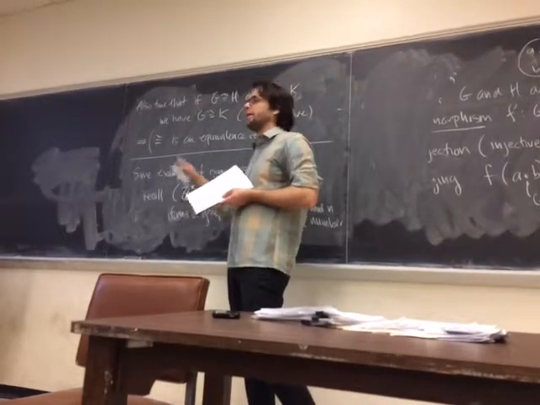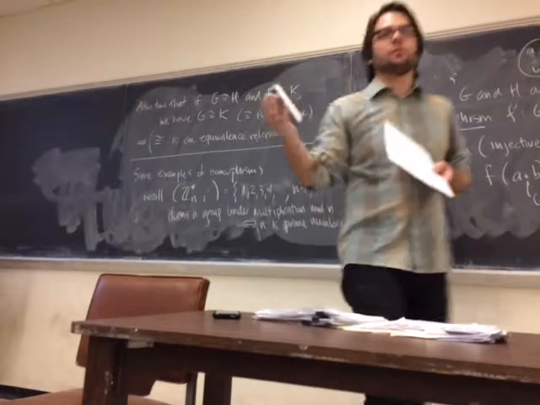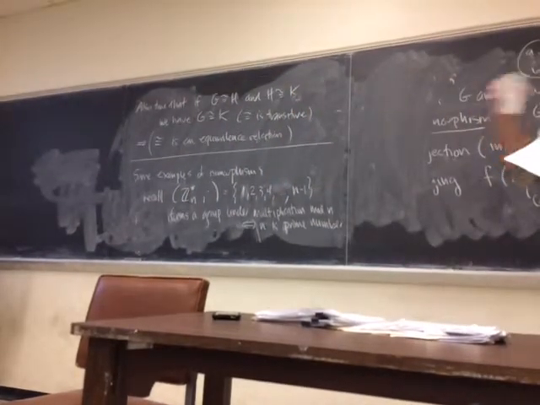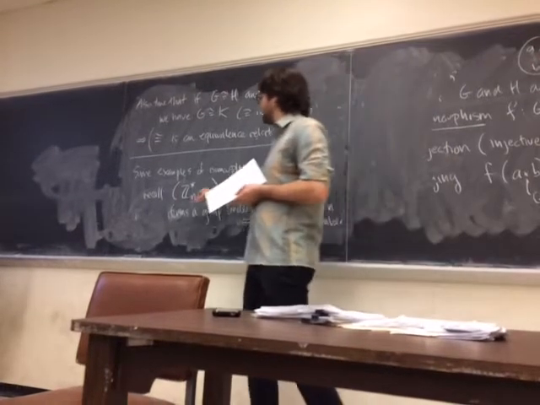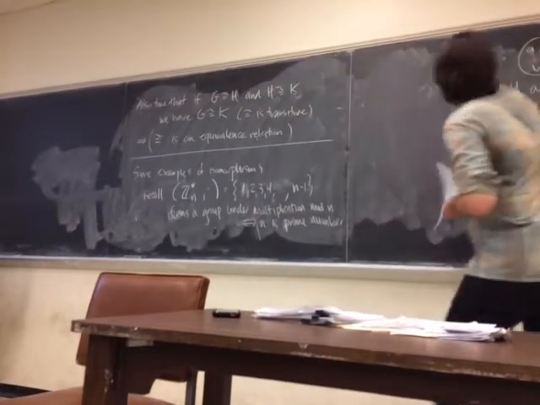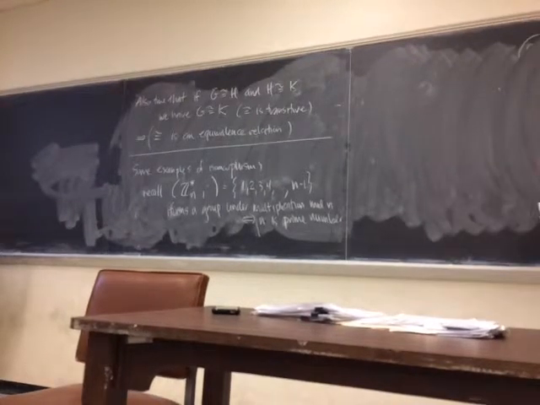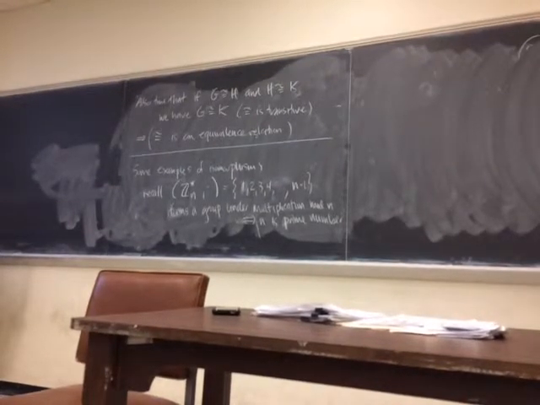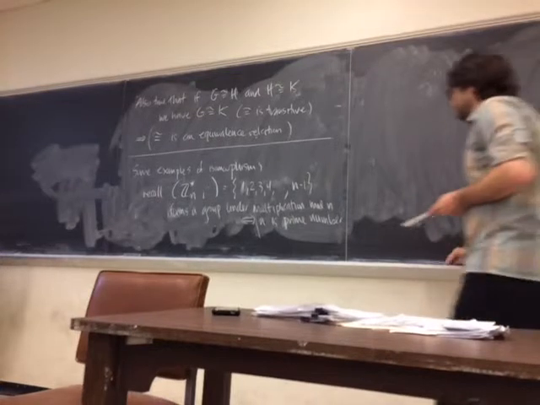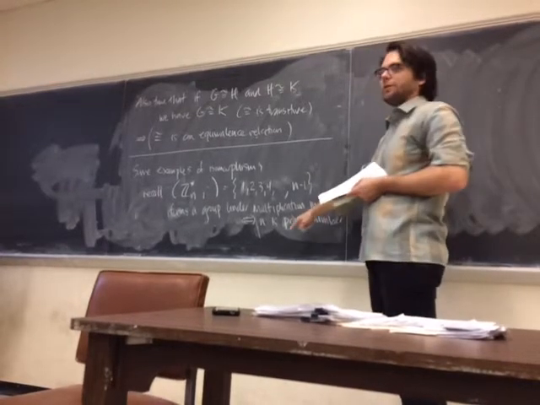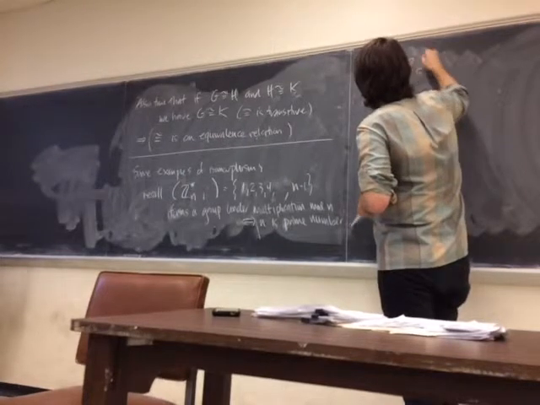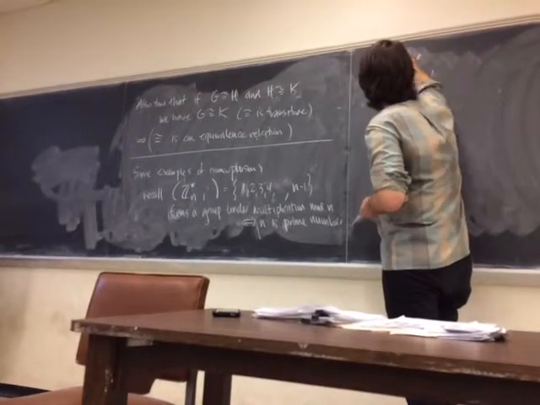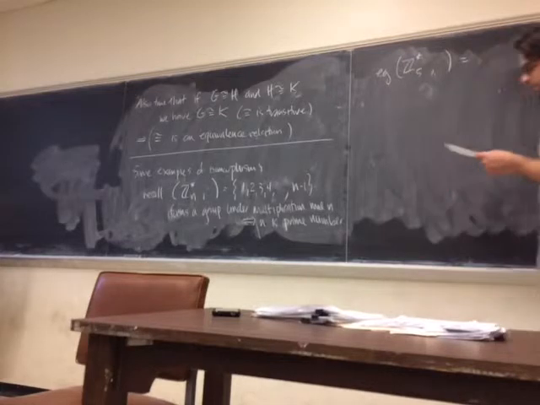So remember, Z_n with addition is always a group, right? If you pop out 0, then you sometimes get a group under multiplication, but you have to have n be a prime. Let me give you an example. Let's take 5, for example, Z_5 star.